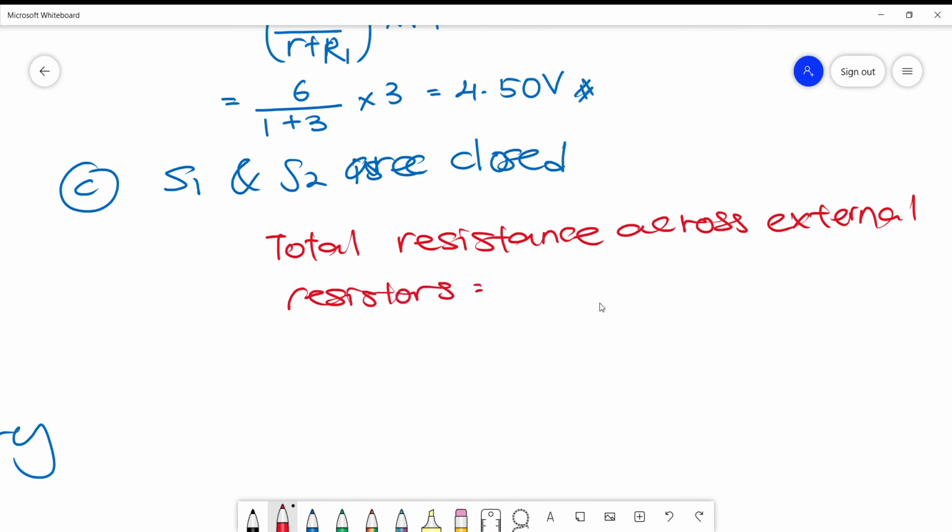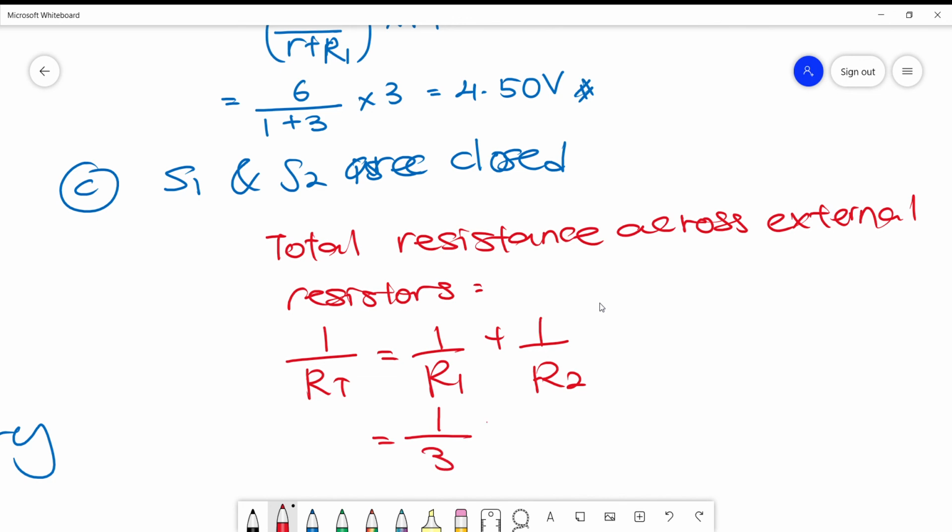In parallel, if the resistors are arranged in parallel, 1 over RT equals 1 over R1 plus 1 over R2. The first resistor is 3 and the second resistor is 6. Hence I get the total resistance for the external circuit as 2 ohm.